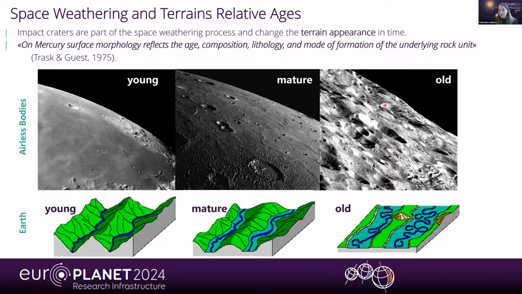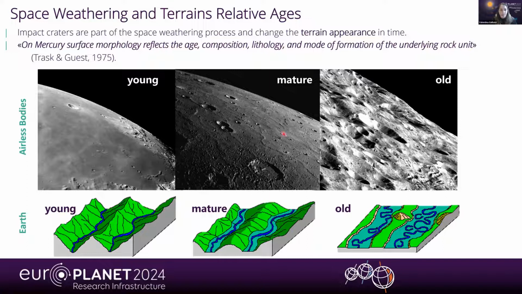For Earth geologists, it's the other way around. On Earth, we can say a young terrain is a terrain where we have sharp mountains and sharp valleys, while it becomes mature as the rivers excavate the valleys, and we can define the terrain as old when it's completely plain and eroded by rivers and water.